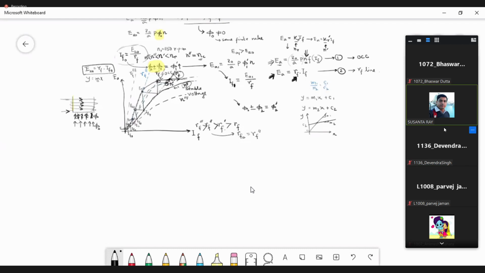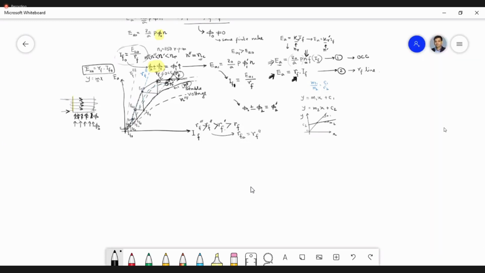Can you tell me, someone from you, what are the conditions that we discussed in the last class for getting a voltage buildup in a DC shunt generator? Anyone from you? Yes, sir.